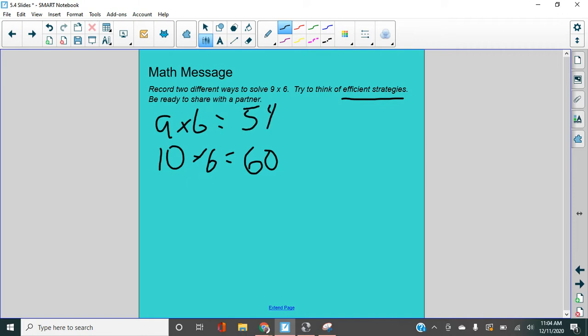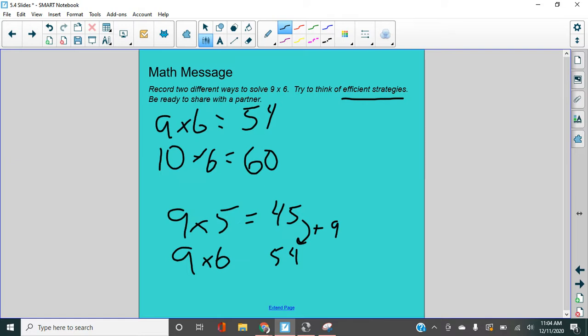Or we could use a helper fact, right? We know 9 times 5. What is 9 times 5? 45. And so 9 times 6, right? We have another group of 9. So we could add 9 more to this and get 54.